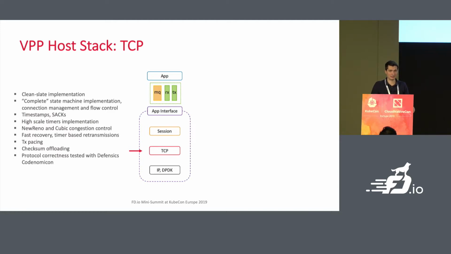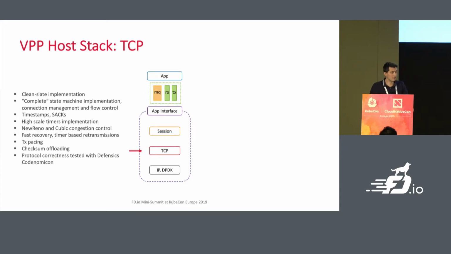From our perspective, or to the best of our knowledge, this is a complete implementation in terms of features, in that it implements what the main standard track RFCs require from a state machine implementation perspective, connection management, and flow control. We do options that are needed for high-speed TCP connections. So we do timestamps and we do selective acks, and we have a highly scalable timers implementation. So we can do tens of millions of connections.